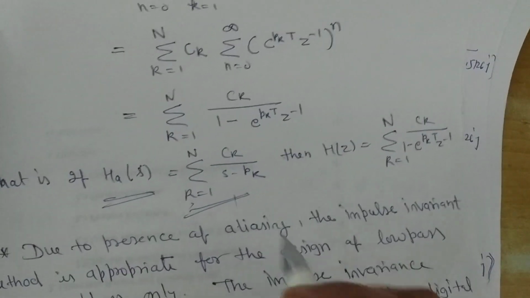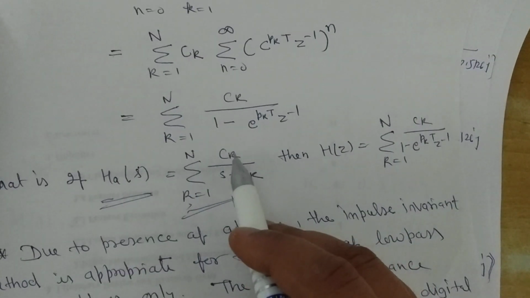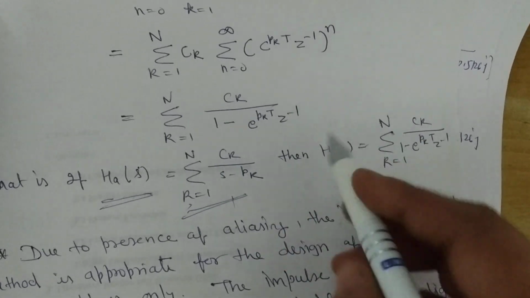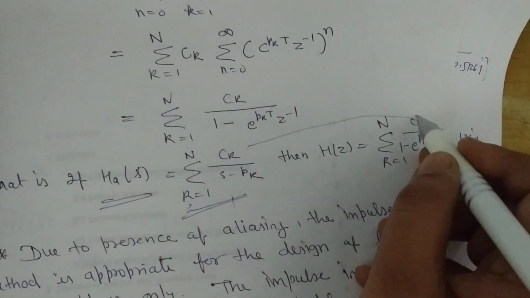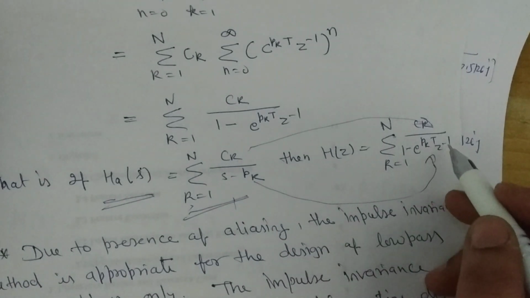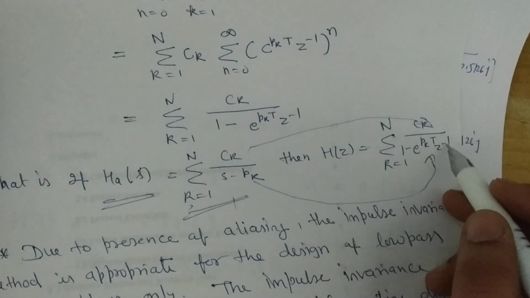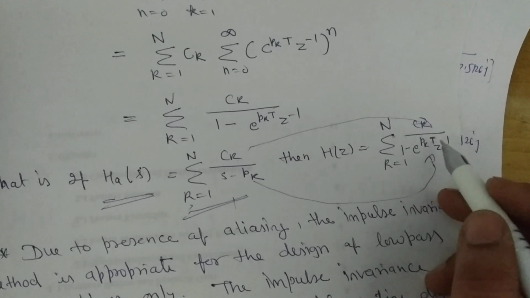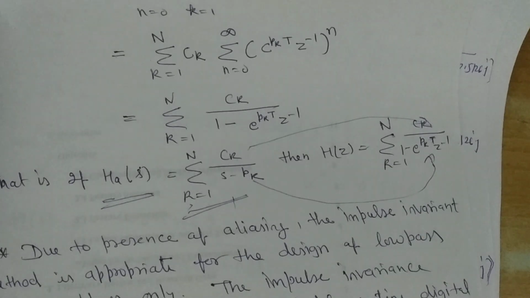Now, when you get this particular form, you can directly transform by replacing c_k and p_k with the root of e raised to the power p_k T z inverse. T as 1 second we have already assumed in this case.